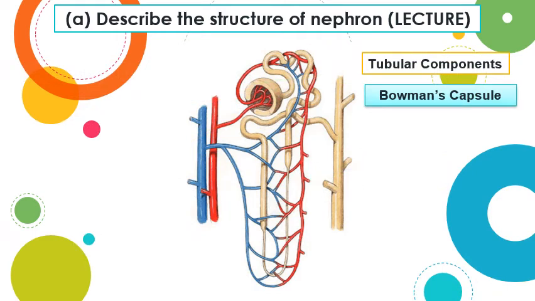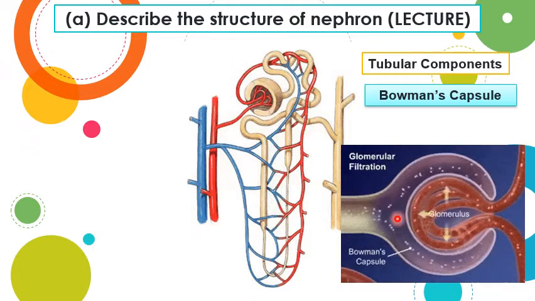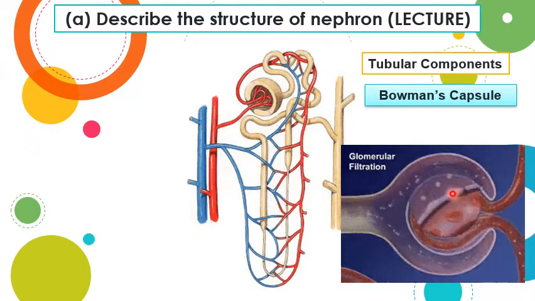Now let's look at the tubular components. First, we have the Bowman capsule. The Bowman capsule is a capsule that encloses the glomerulus. This is the Bowman capsule. After ultrafiltration, the filtrate from the glomerulus will enter the Bowman capsule.